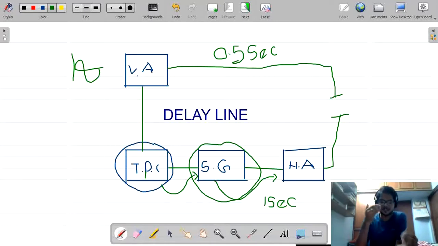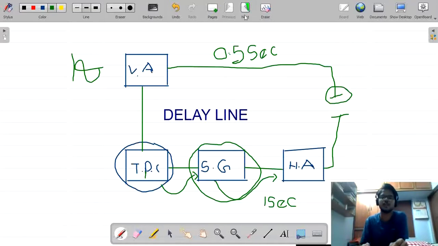In order for the perfect working of the CRO, our sweep generator should start first. When the sweep generator has started first, and after that my vertical signal approaches the vertical deflection plate, then there is a perfect execution or perfect display of my input signal.